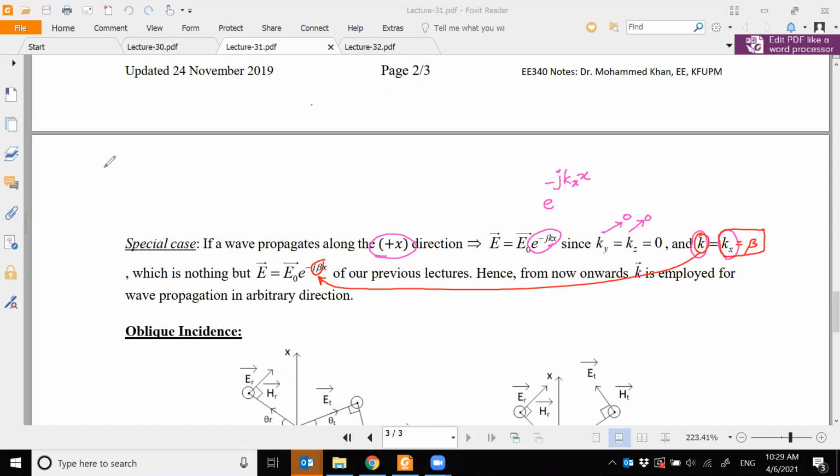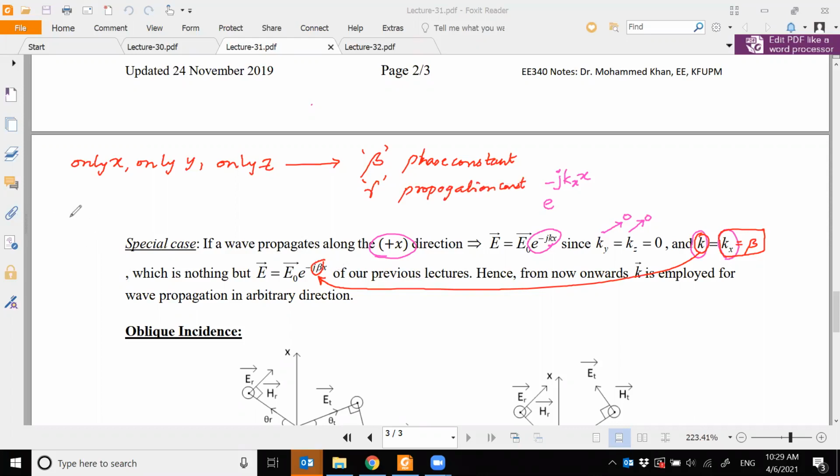So, summary: if your propagation constant is only in the x direction, or only in the y direction, or only in the z direction, which is the case of normal incidence, we represent beta as our phase constant, or in a lossy case, gamma as our propagation constant.